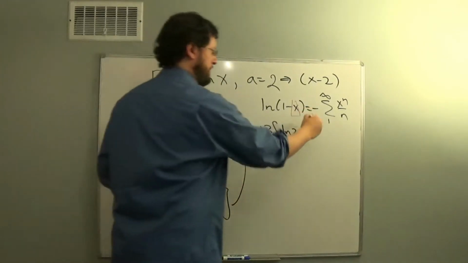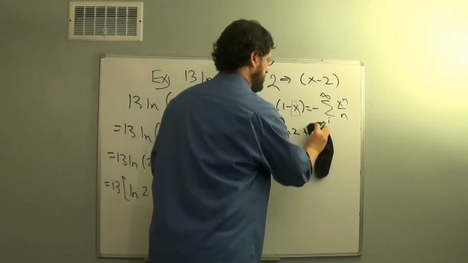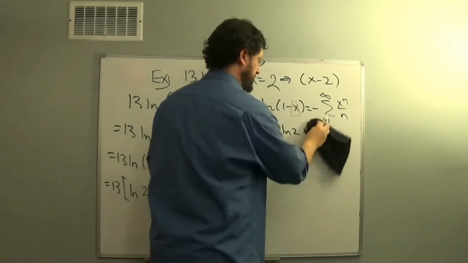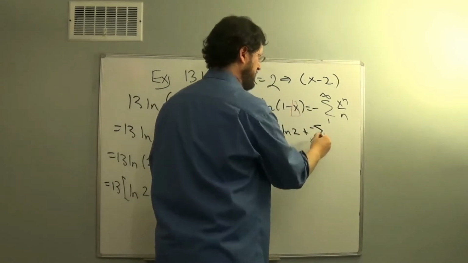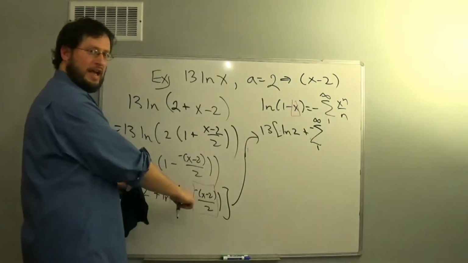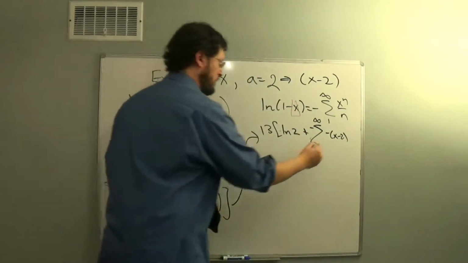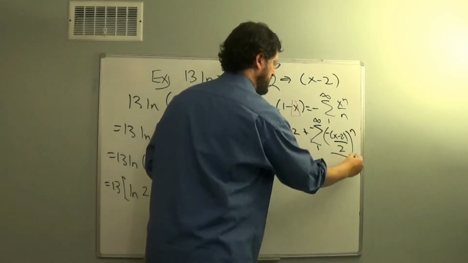and so that means that I have negative sum, we're just using this formula up here, negative sum, 1 to infinity. X, though, is this complicated x, minus x minus 2 over 2, all raised to the n, and then still divided by n.